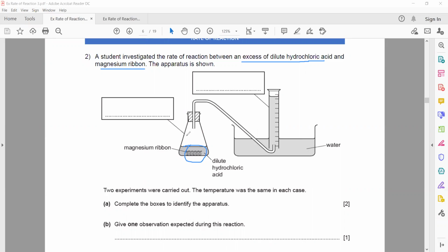So what is this? This is a conical flask. And this can be a graduated gas jar, or you can mention a measuring cylinder. An inverted measuring cylinder is there.